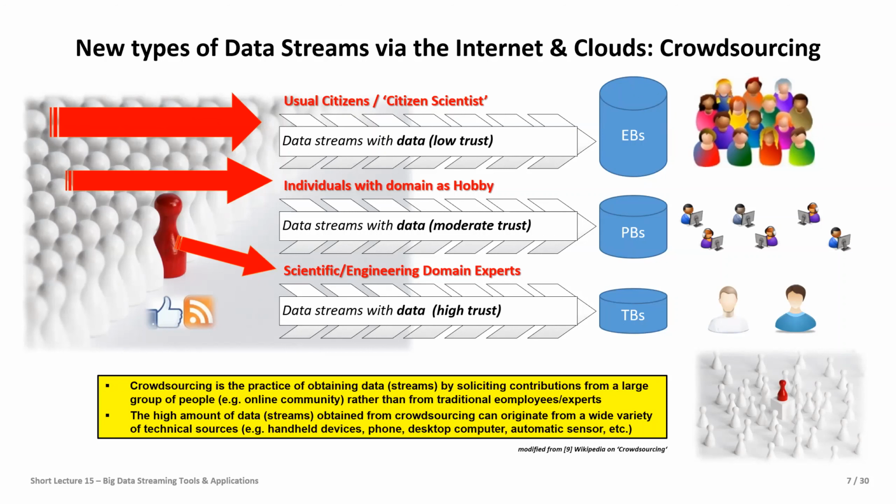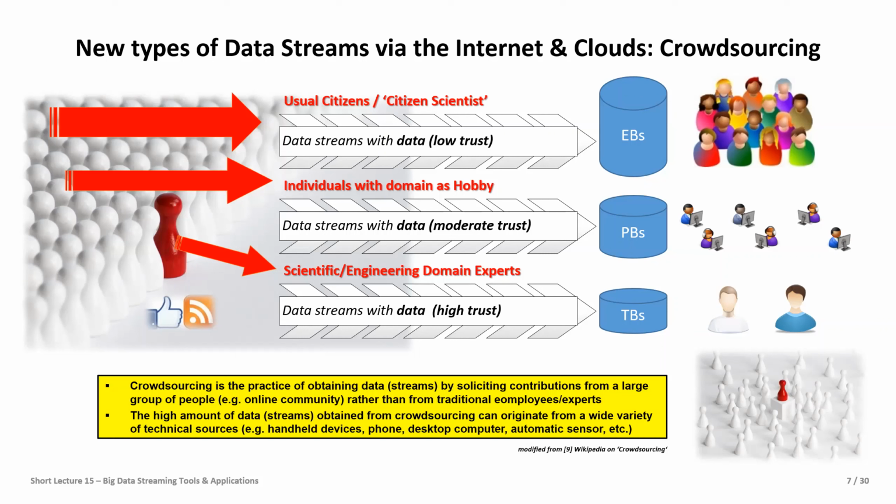And then there is the hobbyist, which might be the next category, where a couple of those create data sets in the petabytes, in contrast to citizen scientists, who have the potential to create easily exabytes, because there are just so many of them.